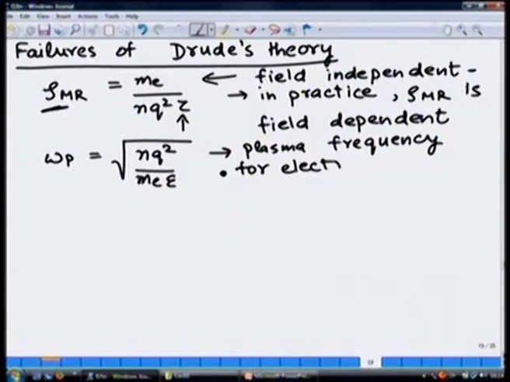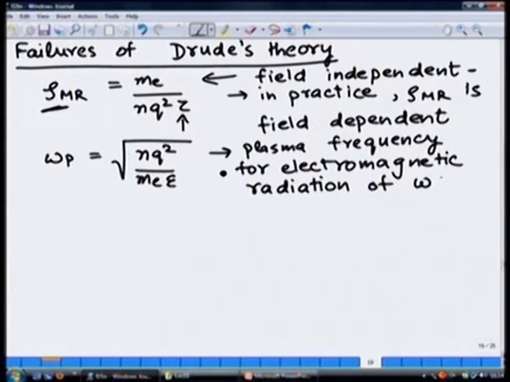For electromagnetic radiation of omega greater than omega p, the metal is transparent.